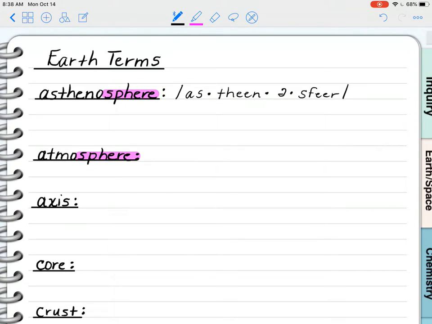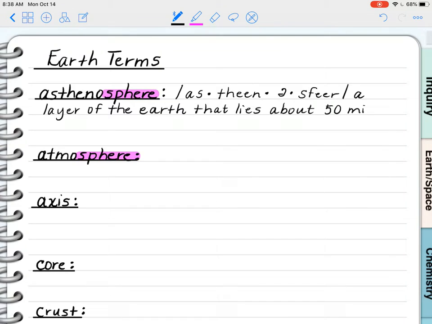Asthenosphere is a layer of the Earth that lies about 50 miles below the surface.